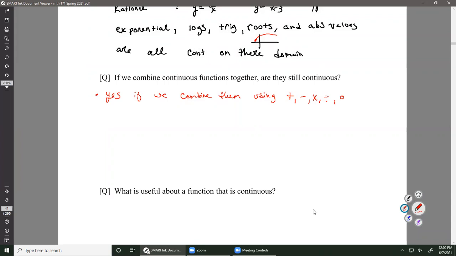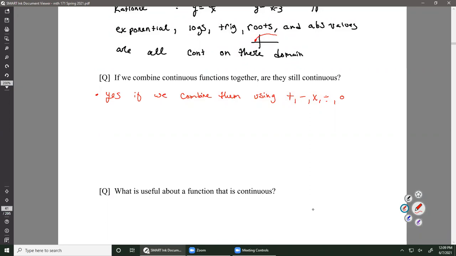So if I take sine times cosine, or sine times tangent, even though tangent has all those vertical asymptotes in it, the new domain that function exists on, this brand new function, is continuous on that domain.